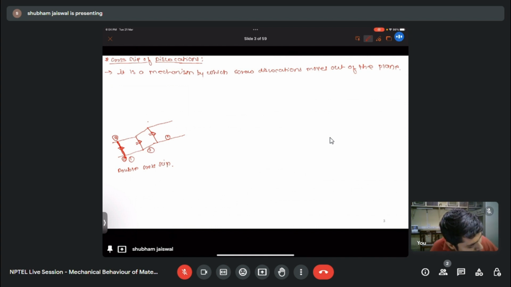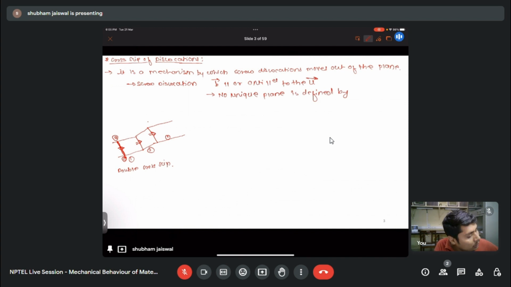So in a screw dislocation, the Burgers vector is parallel or anti-parallel to the line vector, that is the u vector. As we have already said, no unique plane is defined by the cross product of the Burgers vector and line vector.